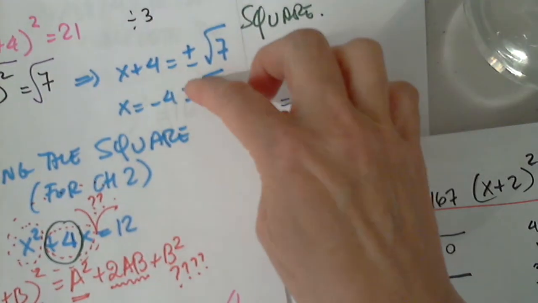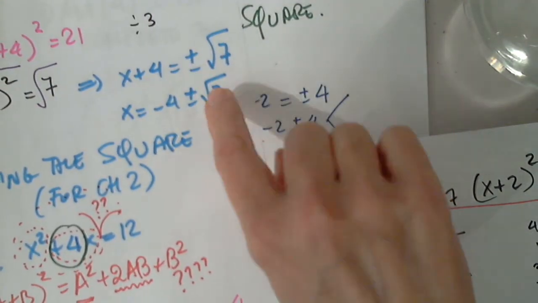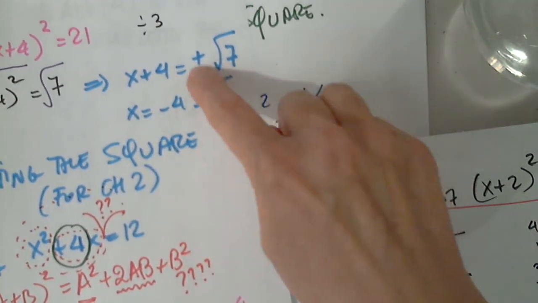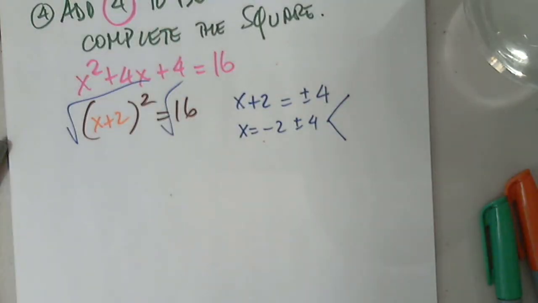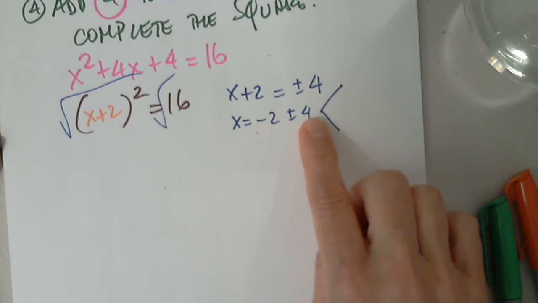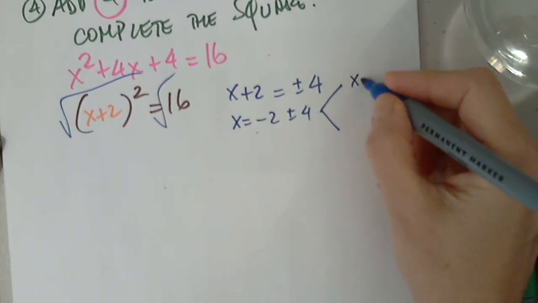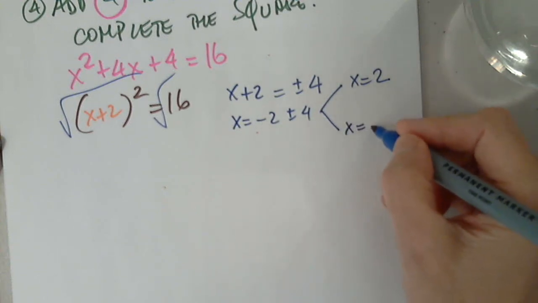Negative 2 plus 4, that's the first solution, and negative 2 minus 4, that's the second solution.